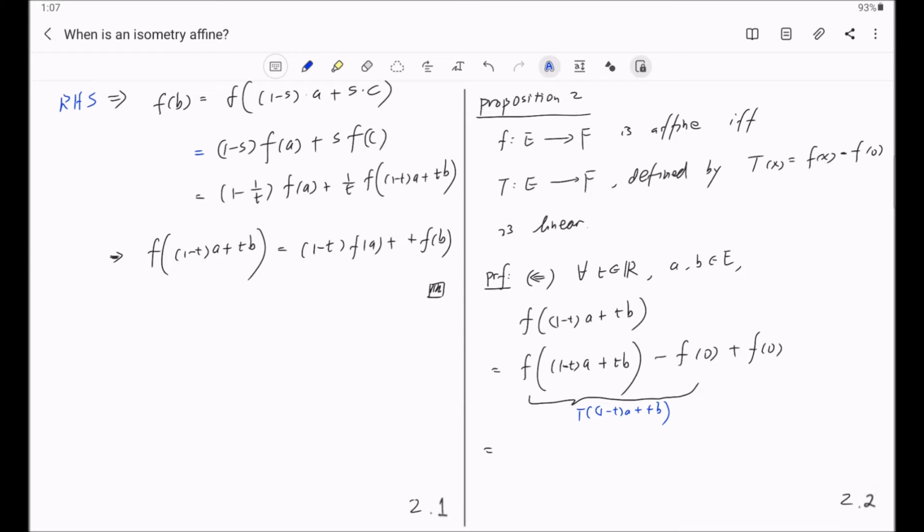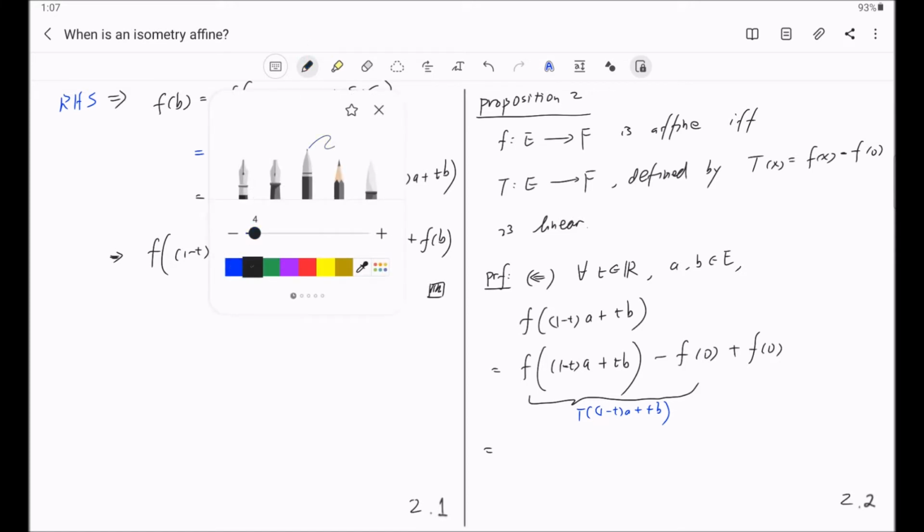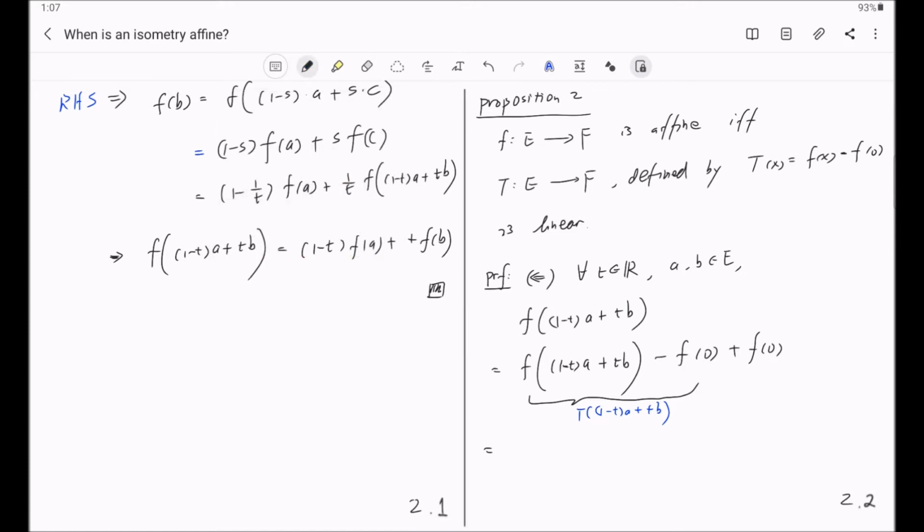And now, by the linearity of T, which is our hypothesis, this guy will be equal to (1 minus t) times (f of a minus f of 0) plus t times (f of b minus f of 0) plus f of 0.